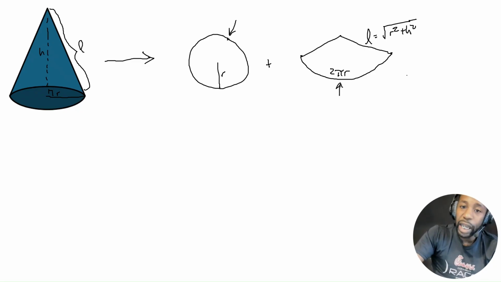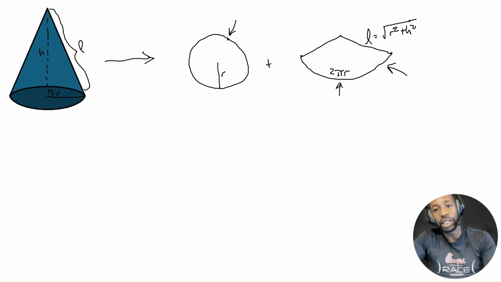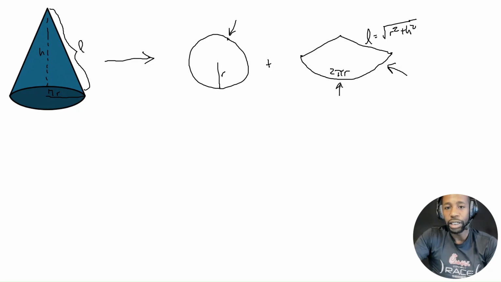Now, keep in mind that this kind of semicircle looking thing is a lot like a triangle. It has the L, this length here, and then it also has this base. Okay, so what happens is this ends up being, you remember the area of a triangle is 1/2 base times height.